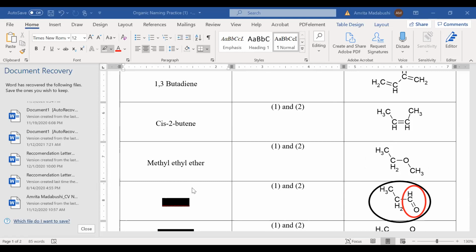Aldehyde, yes. So then what will be the name? Propanal. Is that okay, everyone?